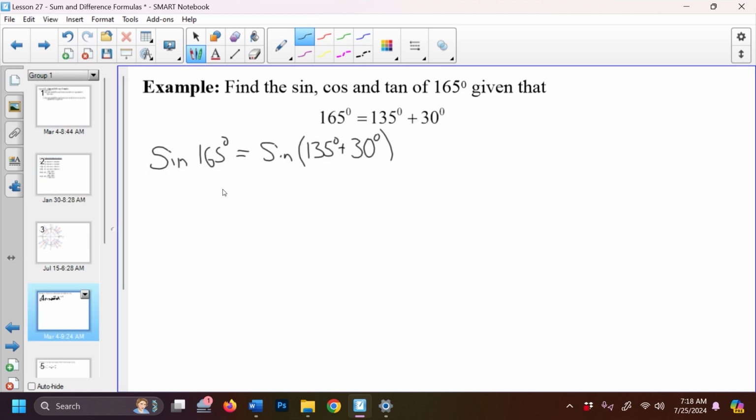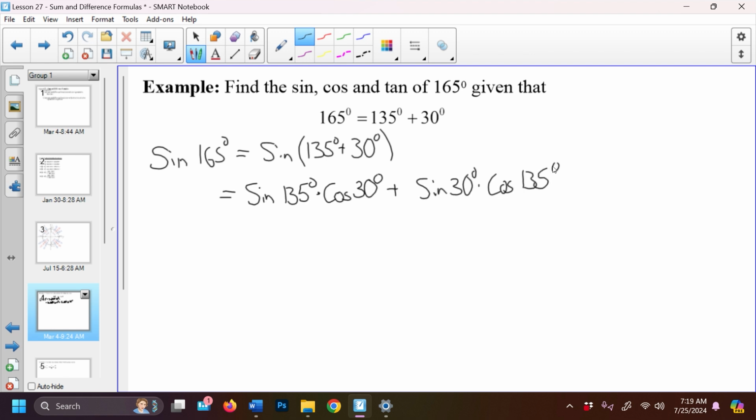So this breaks down to the sine of 135 degrees times the cosine of 30 degrees plus the sine of 30 degrees times the cosine of 135 degrees.